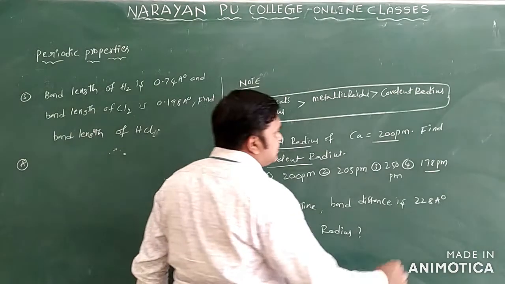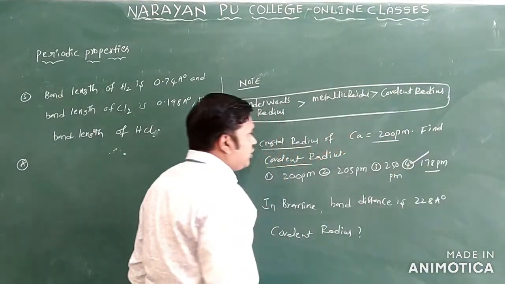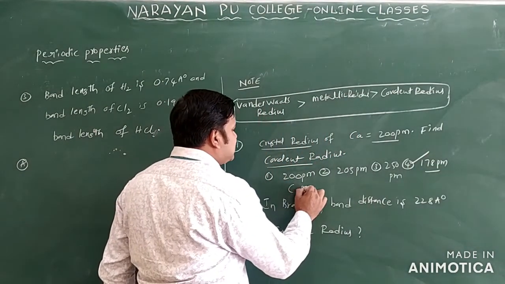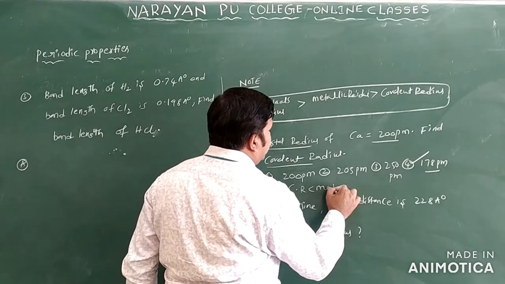Crystal radius and metallic radius are both the same. The concept here is that crystal radius is greater than covalent radius. So covalent radius is less than 200 picometer. Your answer is 178 picometer only, because covalent radius is always less than metallic radius.